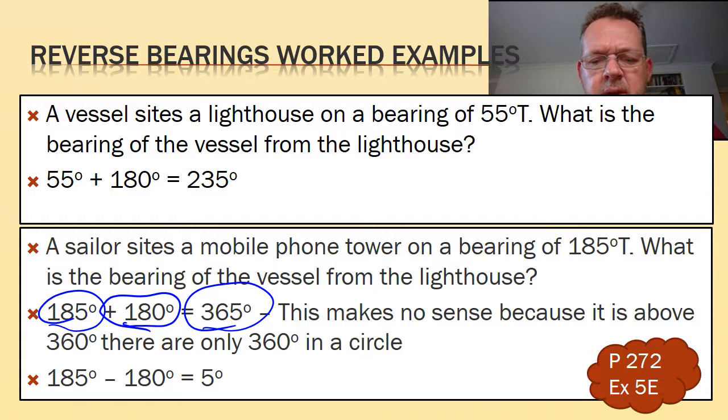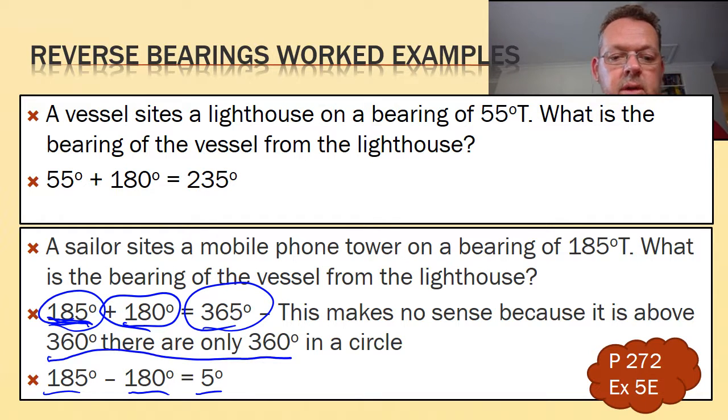So it's just better to minus 180 when your numbers are greater than 180 when you're starting off. So we just say 185, take away 180 will be 5, noting that there are only 360 degrees in a circle. Your work now is on page 272 and it's exercise 5E.